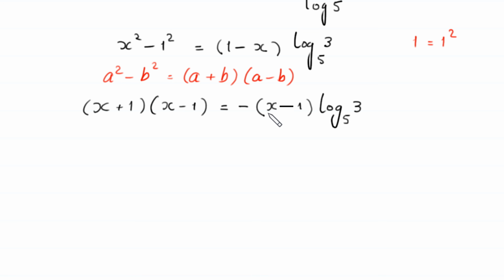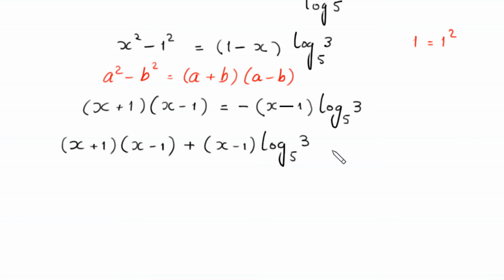Now we move this whole expression to the left hand side, then this will become x plus 1 times x minus 1. This negative expression will become positive, x plus 1 times log base 5 of 3 is equal to 0.